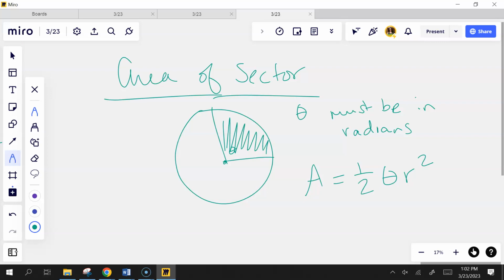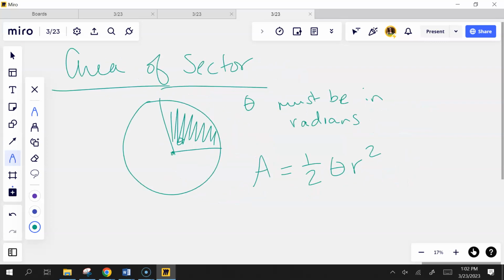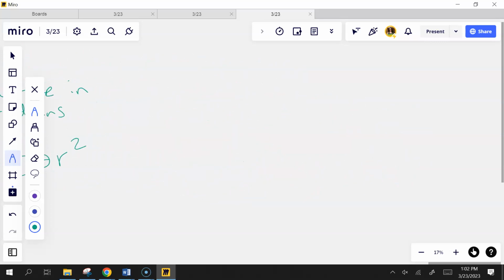I don't have to be in standard position to do this. I can be anywhere in the circle as long as I have that theta value and the radius, and I can find the area of the region. I'm going to do just one, and then a word problem that gives me calculus vibes, but I love it.